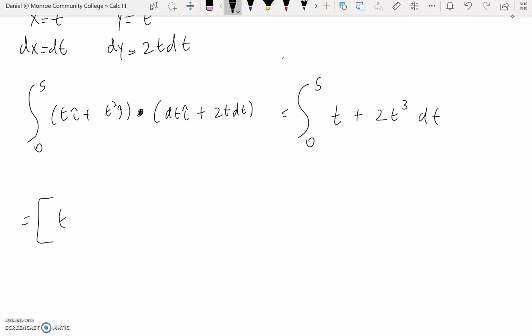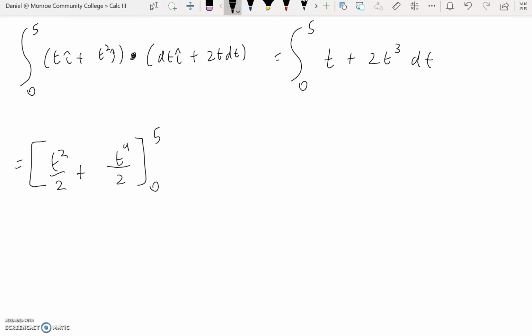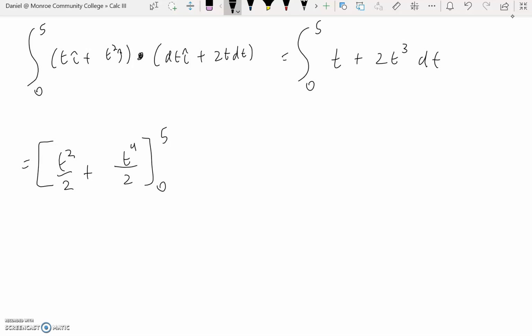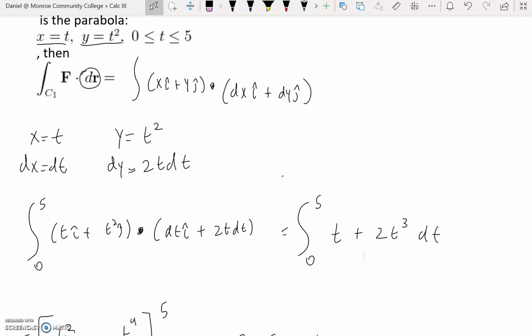We get t squared over 2 plus t fourth over 2, because 2 divided by 4 equals 1/2, from 0 to 5. Since it's 0 and everything has a t in it, we don't have to worry about the lower bound. Once you plug in the values, the work is 325 units of work done by the vector field on this parabola.